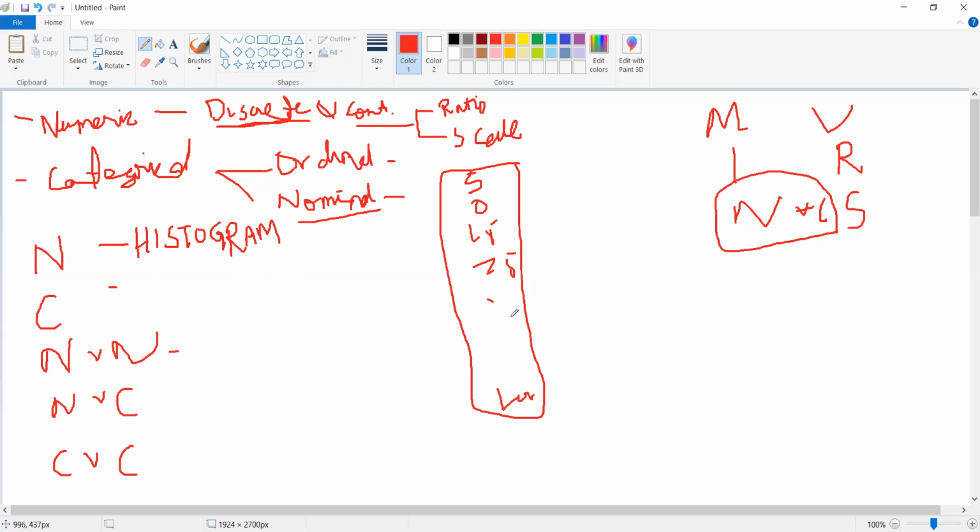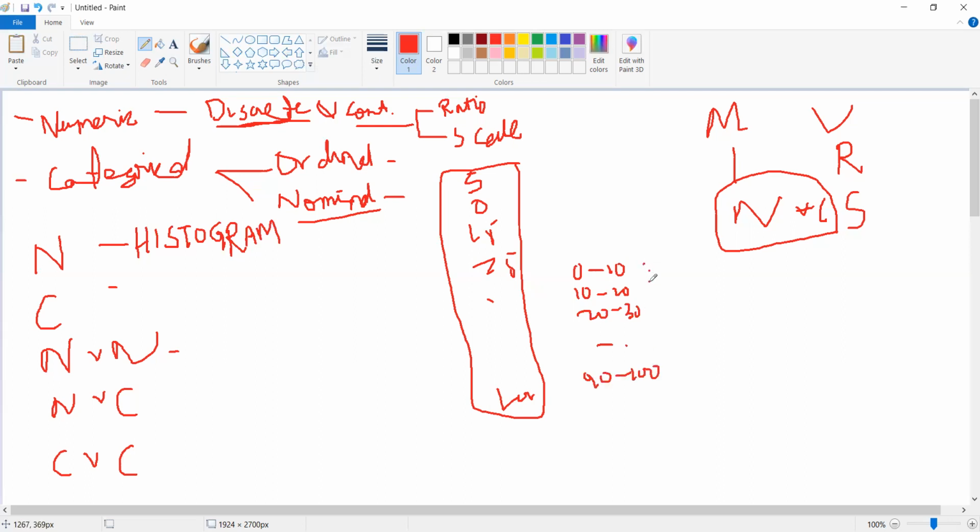Generally 8 to 12, somewhere around 10 is the best. So marks will vary from 0 to 100, let's say. So I'll create groups like 0 to 10, 10 to 20, 20 to 30, and so on up to 90 to 100.